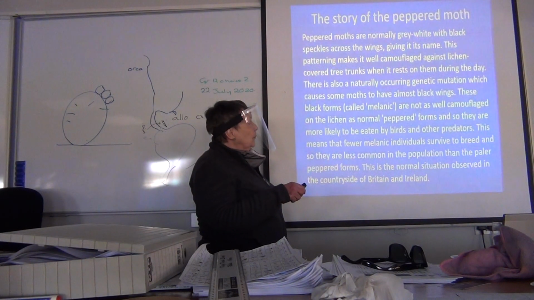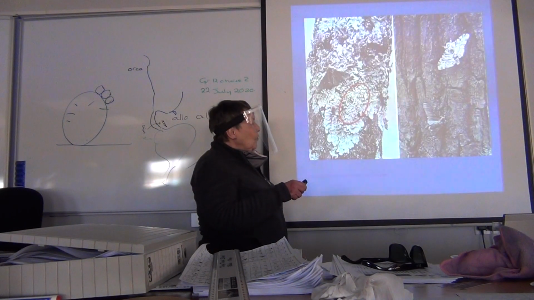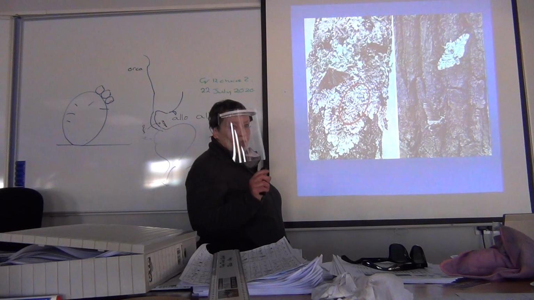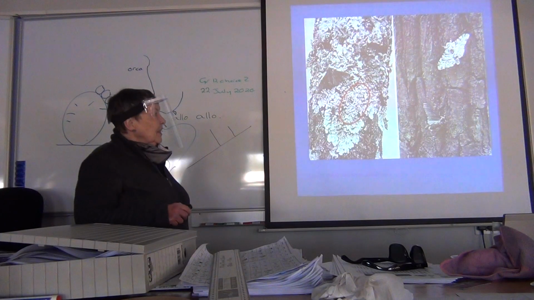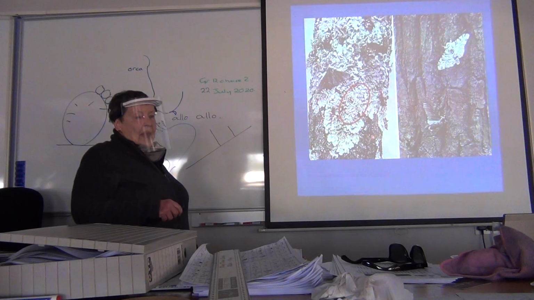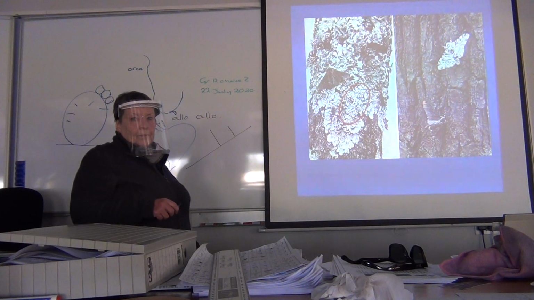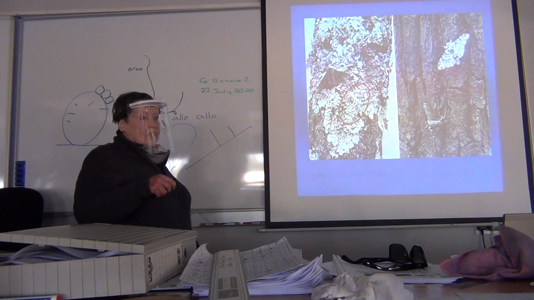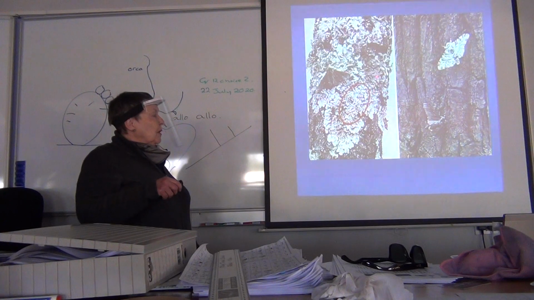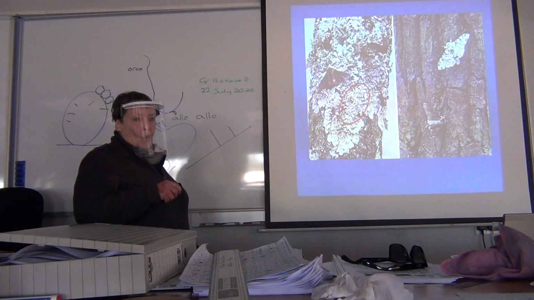And so, if you look at this historically, the story behind it goes, these moths live naturally in Britain. Okay, and so many hundreds of years ago, there used to be many of the light form and very few of the dark form.